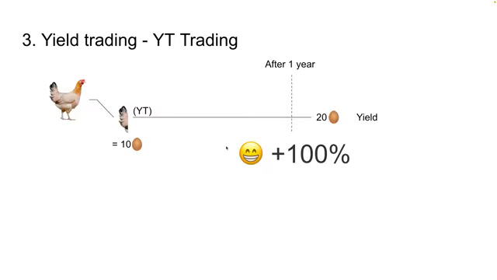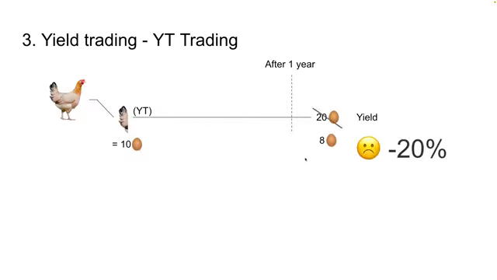Yeah, that's a pretty good return. However, it could be the case that say you buy the chicken's butt for 10x, expecting it to produce at least 10x in the 1 year, but turns out it only produced 8x in the 1 year. And that means you have lost 20% of your capital. So yeah, higher risk, higher return.